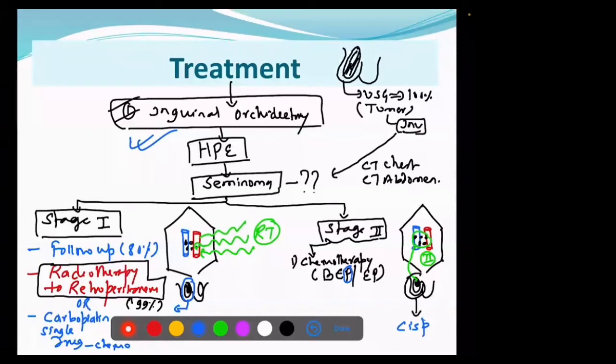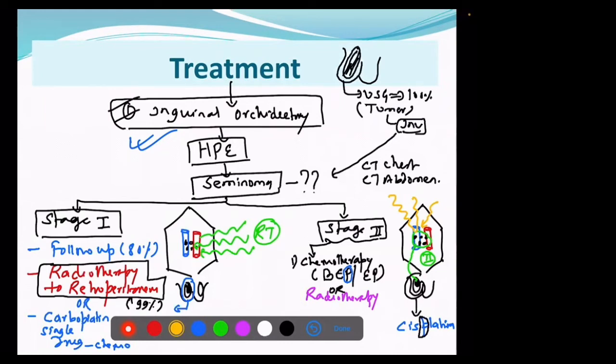Alternatively, we can give radiotherapy also, radiotherapy to these lymph node areas. Because seminoma is very much sensitive to radiotherapy, in stage 1 and also sometimes in stage 2, we can go for radiotherapy. But the better choice would be systemic chemotherapy.